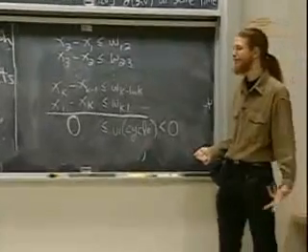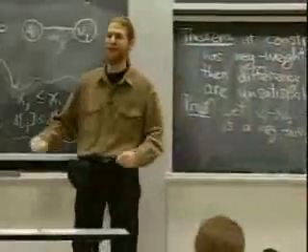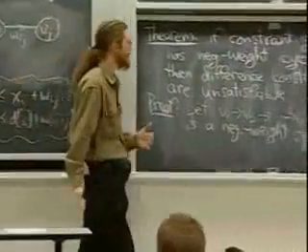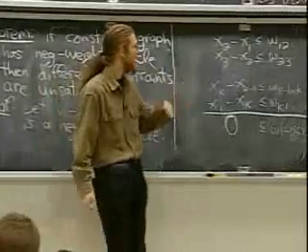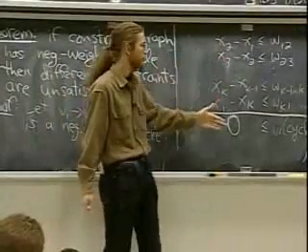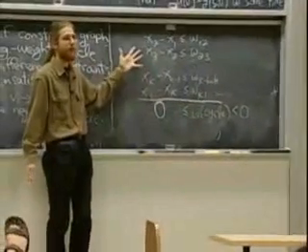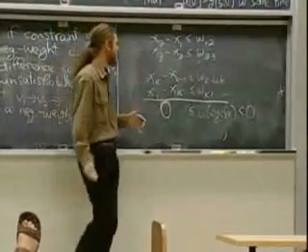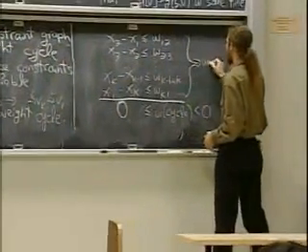Contradiction, wait a minute. We didn't assume anything that was false. So it's not really a contradiction in the mathematical sense. We didn't contradict the world. We just said that these constraints are contradictory. In other words, if you picked any values of the xi's, there's no way that these could all be true because then you would get a contradiction. So it's impossible for these things to be satisfied by some real xi's. So these must be unsatisfiable.